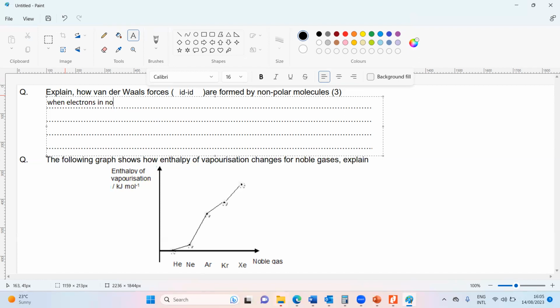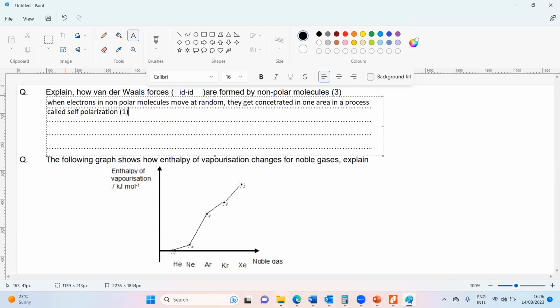When electrons in non-polar molecules move at random, they get concentrated in one area in a process called self-polarization.